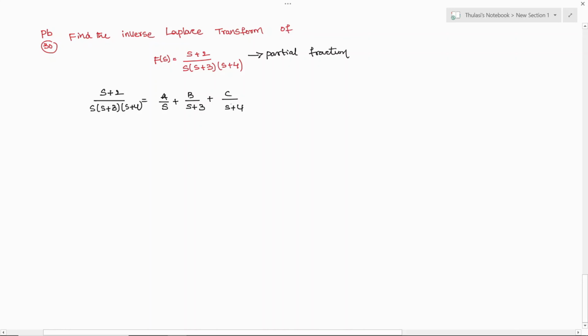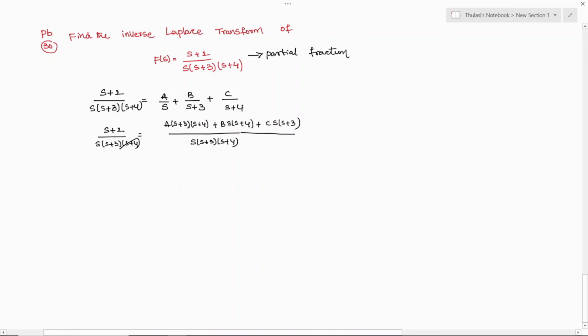Now we need to find the values of A, B, and C. To solve it, let us take the LCM, which is s(s+3)(s+4). The numerator is A(s+3)(s+4) + B·s(s+4) + C·s(s+3).